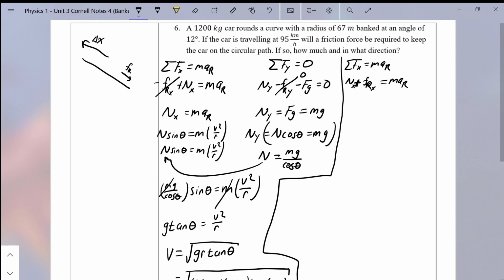So it is positive as well. So we have n sub x plus F sub r, x is equal to ma sub r. I can replace some stuff, so I get nx plus F sub r. Well, that's mu k times n.